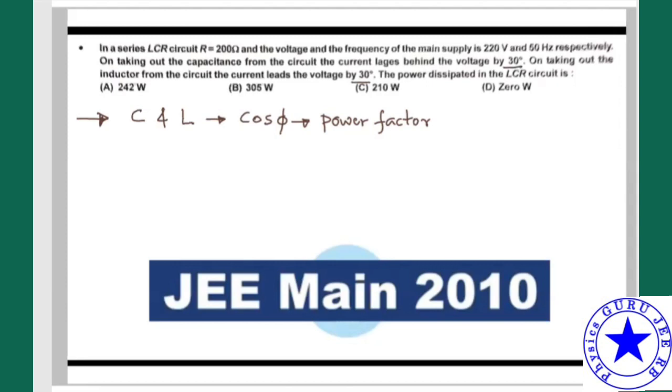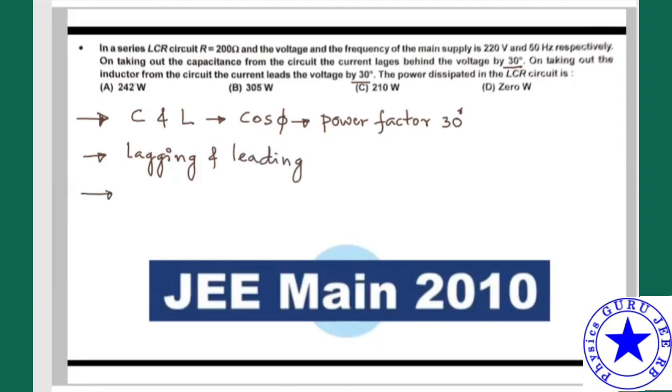Both are given as 30 degrees. In both cases, one is lagging and one is leading: the first one is lagging and the second one is leading. Hope it is clear now.